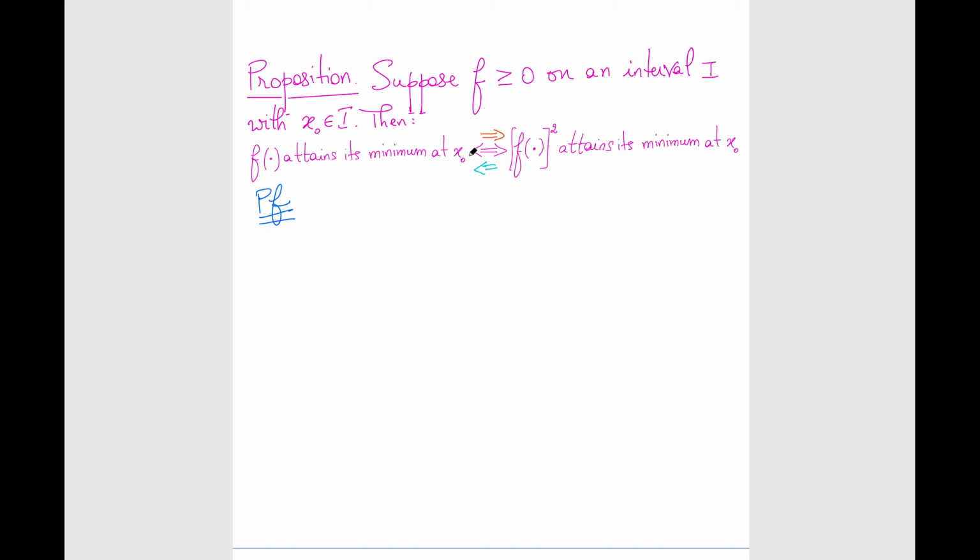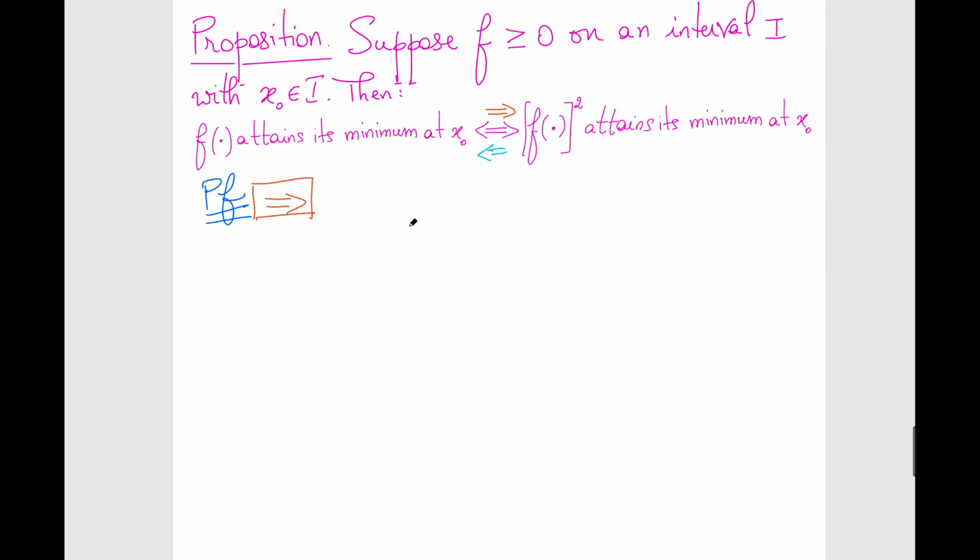So it's a double implication, left to right implication and right to left implication. Let's start with this implication, which means that we are assuming that the function is attaining its minimum at x naught, and we want to show that the square of that function is also attaining its minimum at x naught.